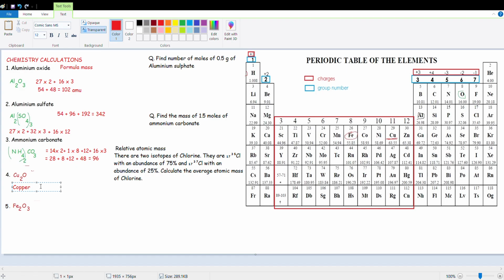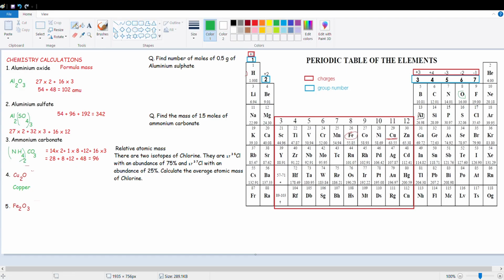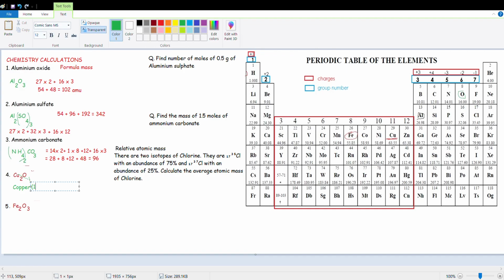If it does not have any group, it means I need to believe the number next to it. Now copper has this number 1, and oxygen is 2 here. So I'm 100% sure I should be writing the number 1 here, and copper oxide becomes copper(I) oxide, that should be the answer.